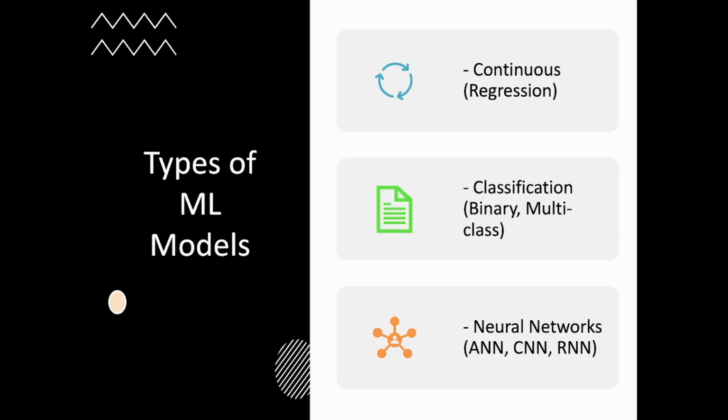Now there are three high-level categories of machine learning models: continuous, classification, and neural network. In a continuous machine learning model, you predict some particular value. Suppose you have a housing prices prediction model. So 2010 the price was 100, 2020 the price was 200, 2030 the price was 300.